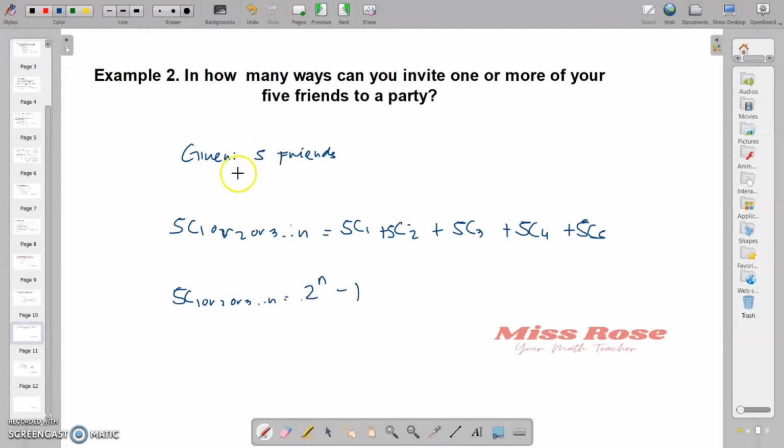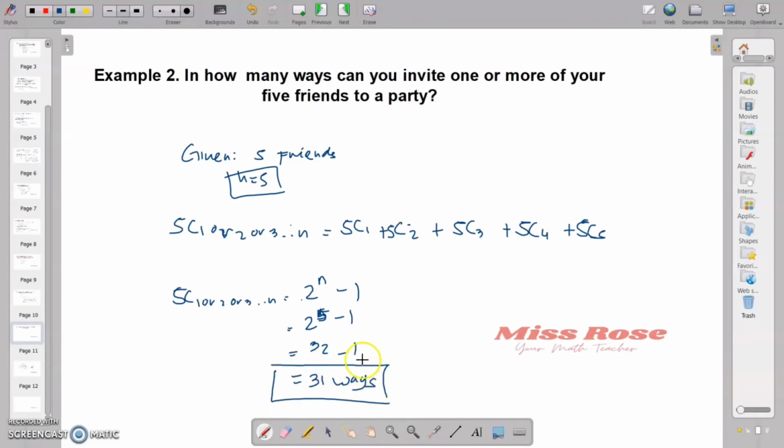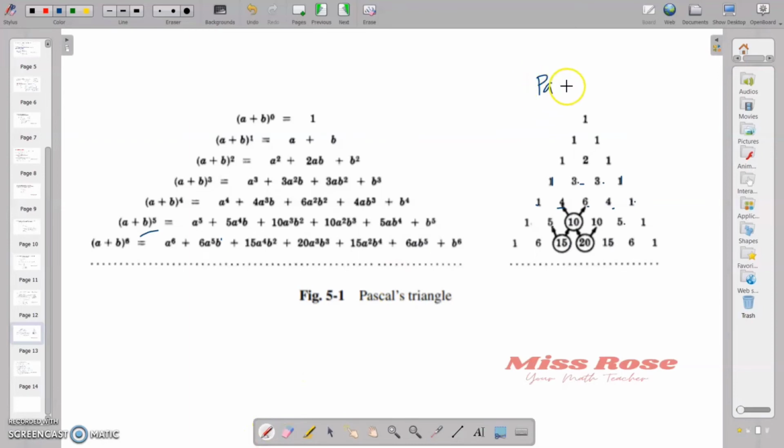So n is 5: 2 raised to 5 minus 1. 2 raised to 5 equals 32, minus 1 equals 31. So there are 31 ways we can invite one or more. So that's the answer, 31 ways. Next is Pascal's triangle to binomial expansion.